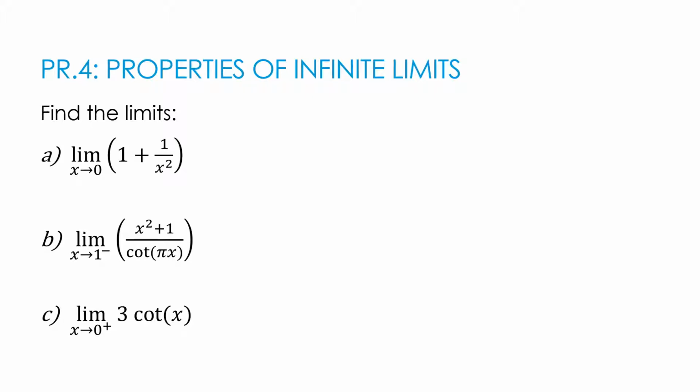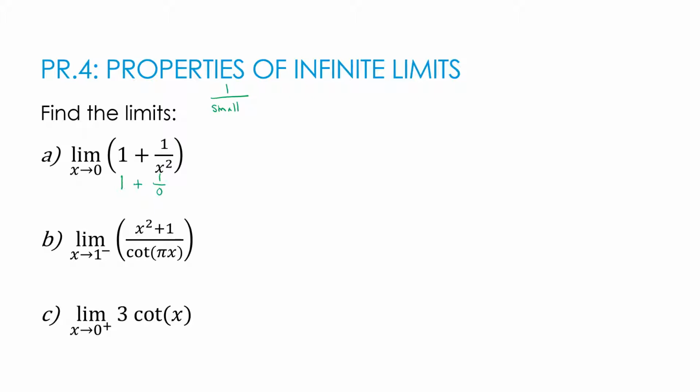So first let's look at A. And again, use just what we know, which means I can find the limit as x approaches 0 of 1 is 1. But if I try to do direct substitution for 1 over x squared, it's not going to work. So what I want to think about is what is going to happen if I take 1 divided by an increasingly small value.